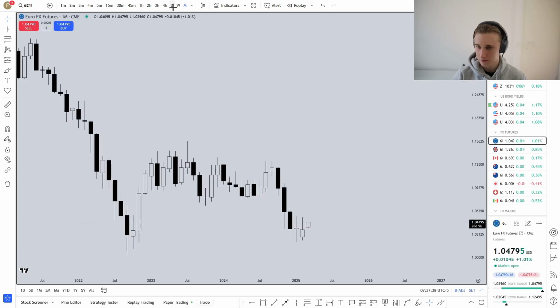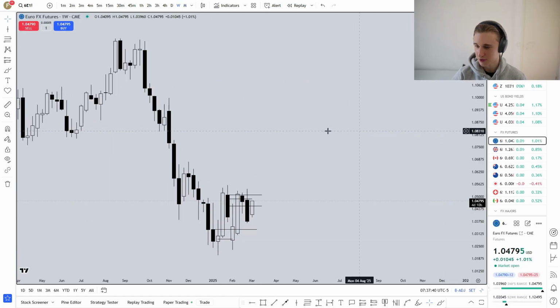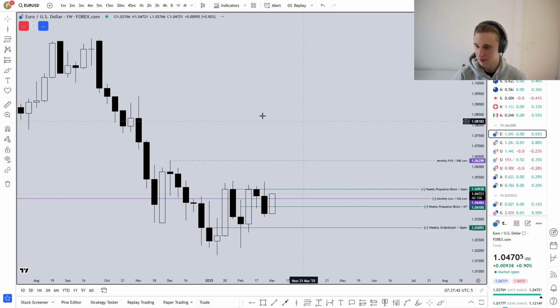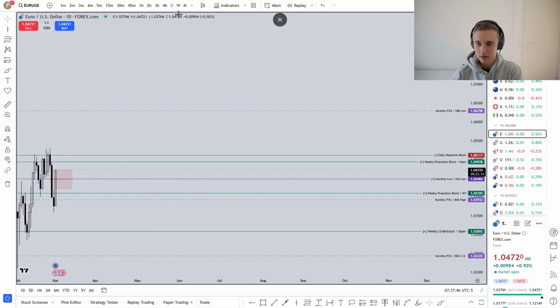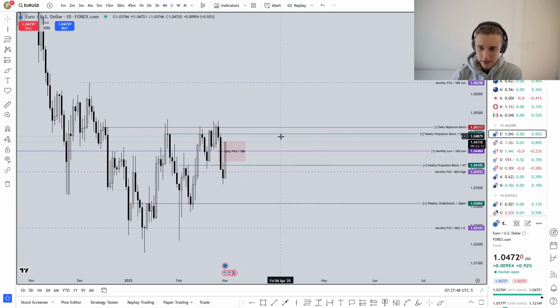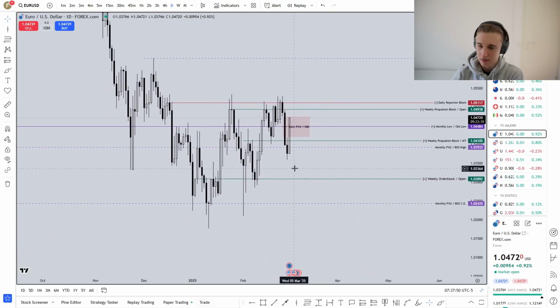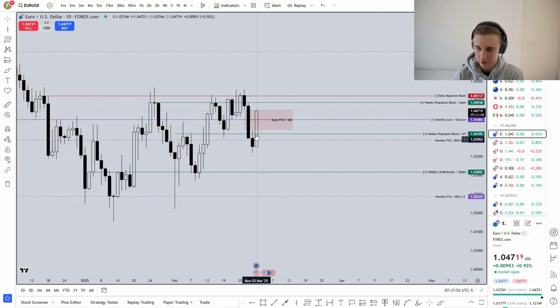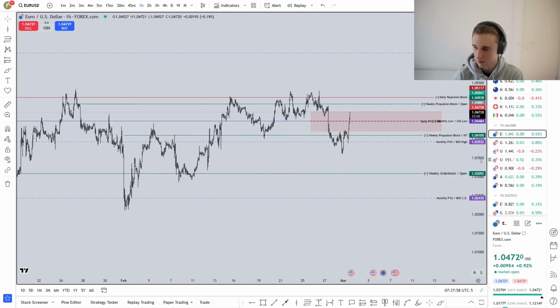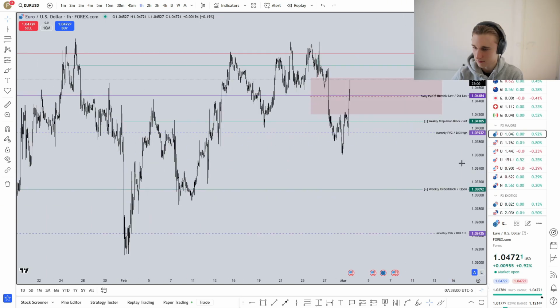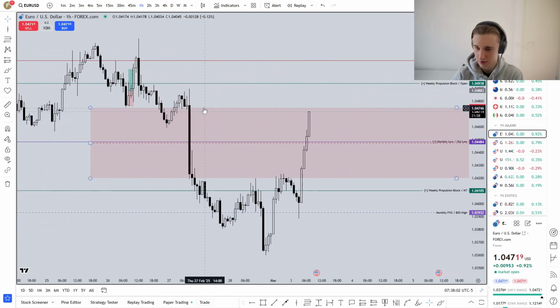Now, euro, if we're bearish on dollar, we should see potential upside on euro USD. We have the daily fair value gap CB, and we're definitely above the consequent encroachment, and we could see a final push higher.